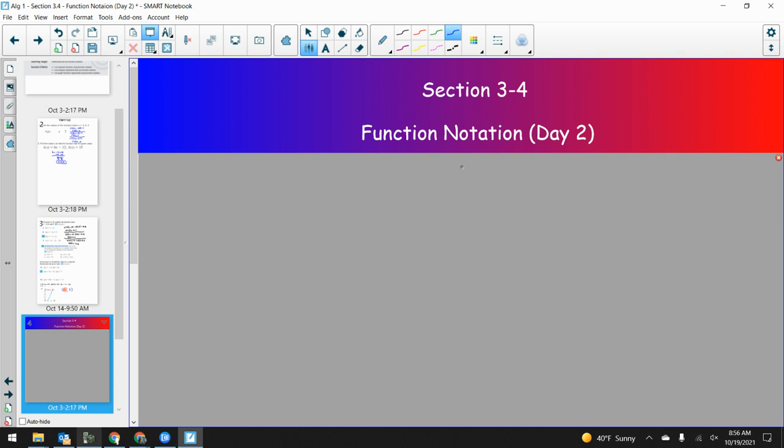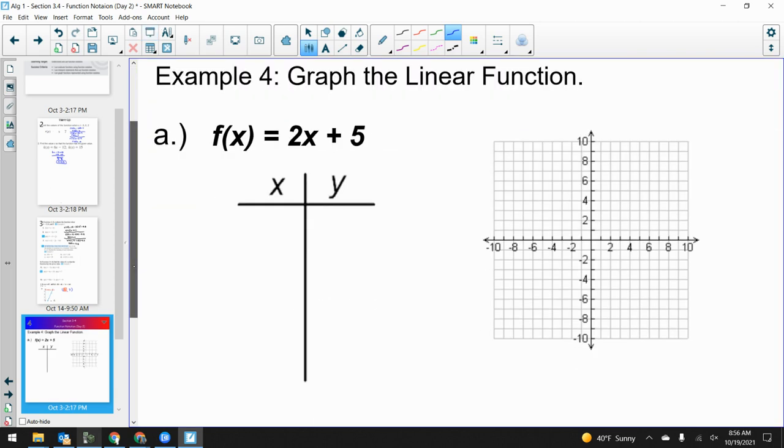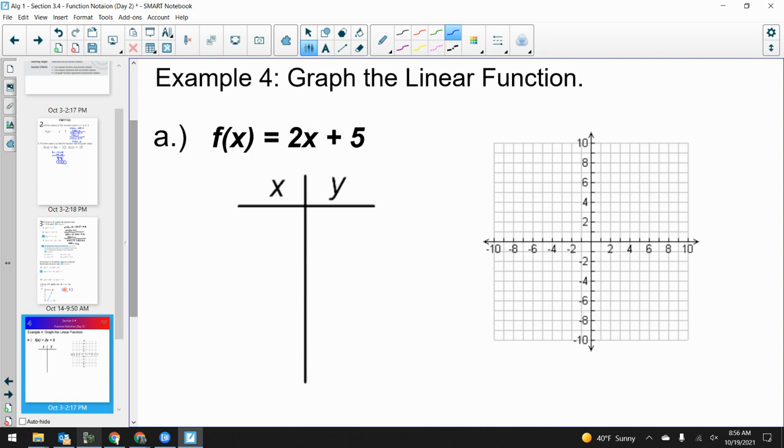Now, let's kind of recap what this notation means. Take a look here at this problem. Because I present this problem to you as f of x is equal to 2x plus 5, now knowing what f of x means, what does that tell you?